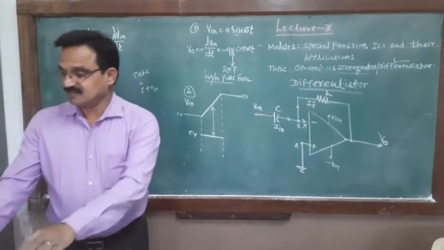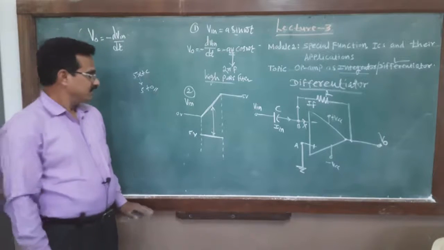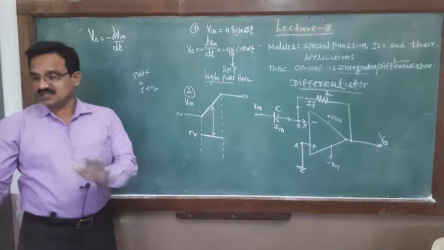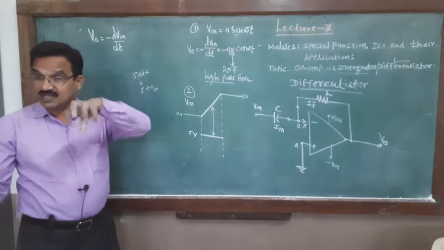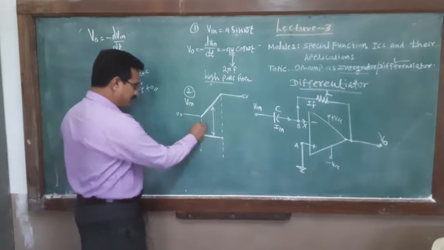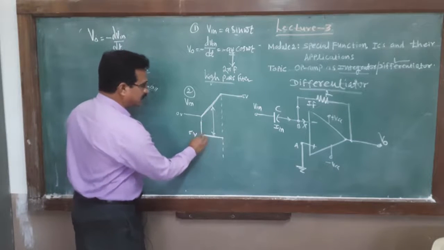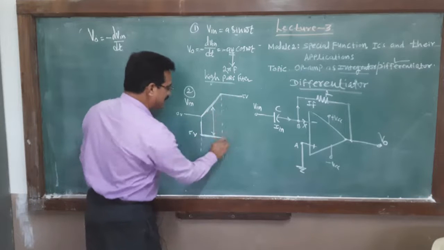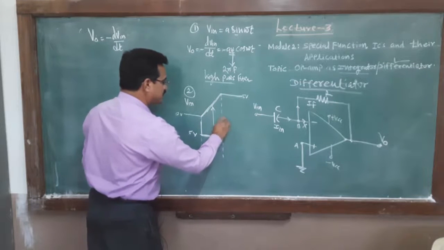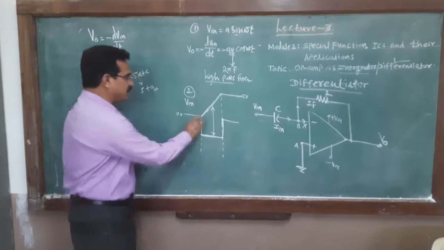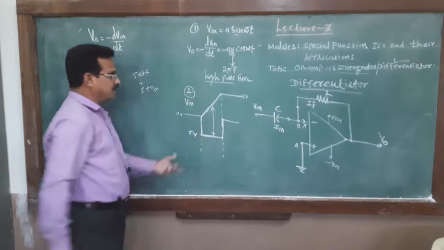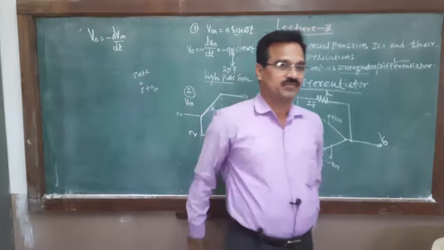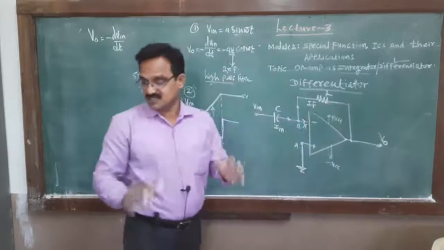For this particular part we get an inverted pulse. For this part it goes in this direction, and during this part it remains constant, and when the ramp ends it comes back to 0. So for a differentiator, when the ramp is used, we get an inverted pulse.